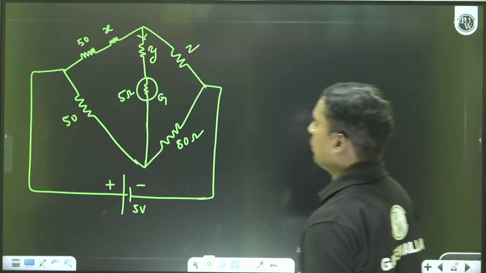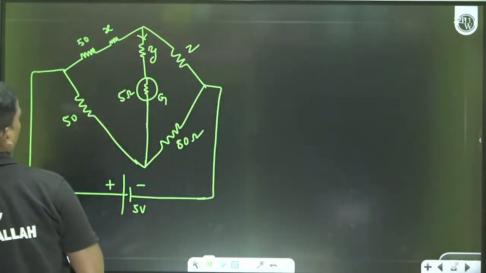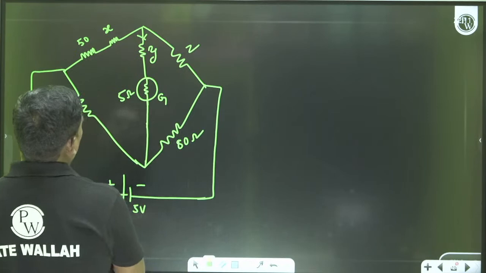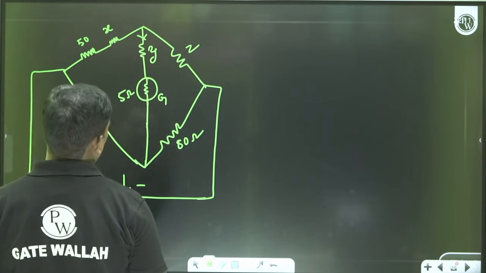So we have to find out the Thevenin's again. So this Y is 16.66.